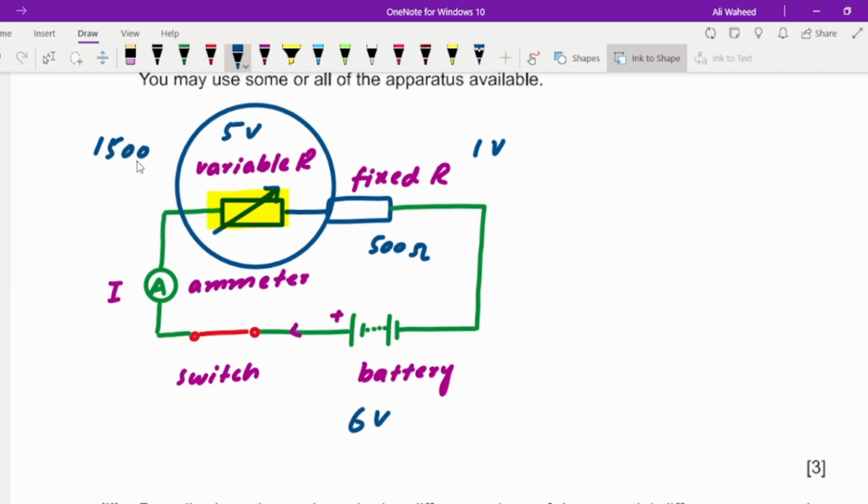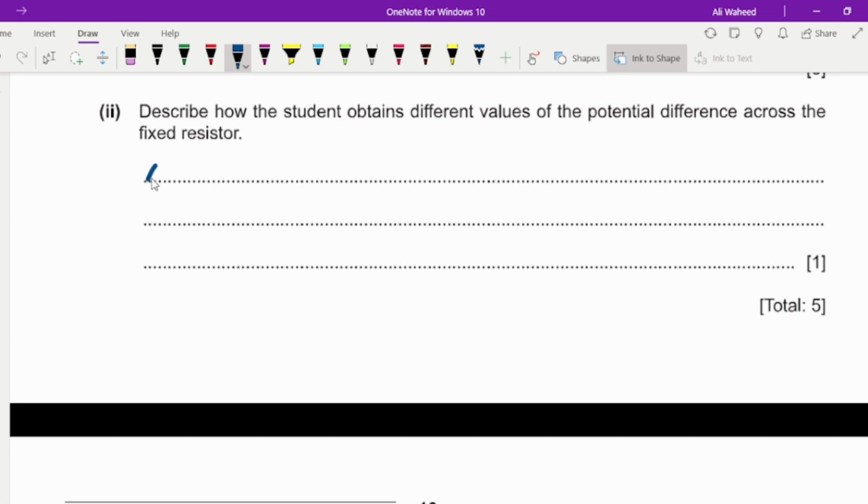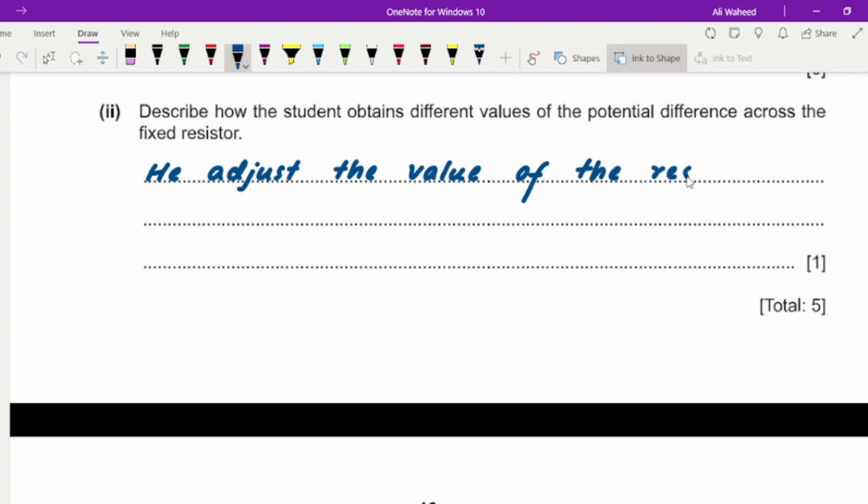So you can change the voltage according to your need by adjusting the resistance of the variable resistor.